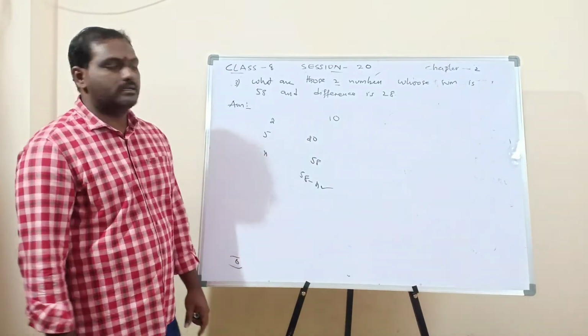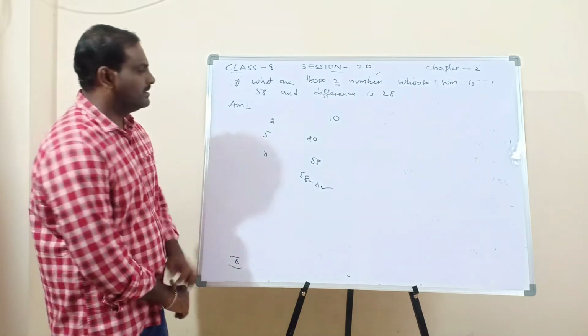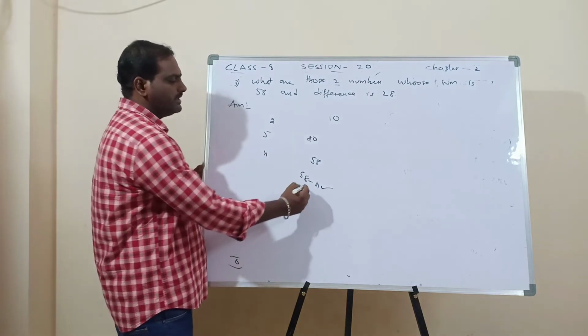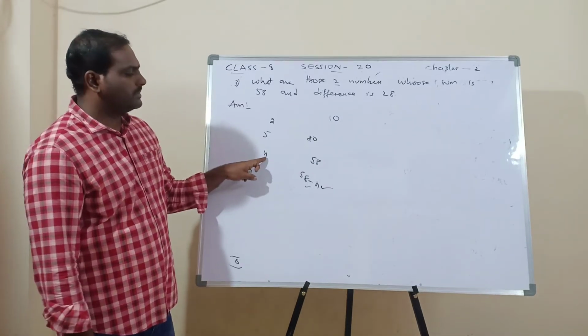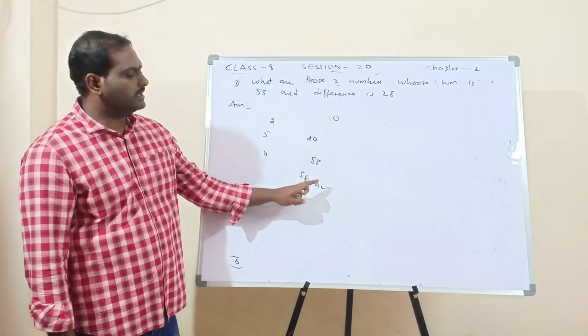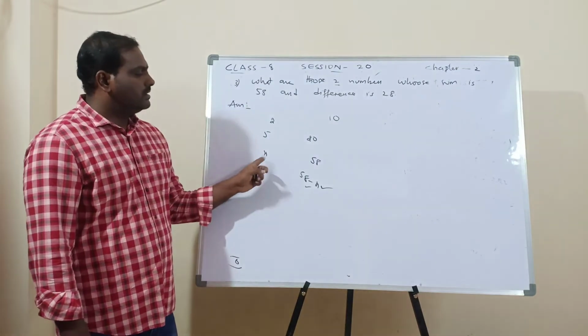Now, which is the bigger number, either x or 58 minus x? 58 minus x is the bigger number, because we are subtracting x from 58. So therefore, x will be less than this one.